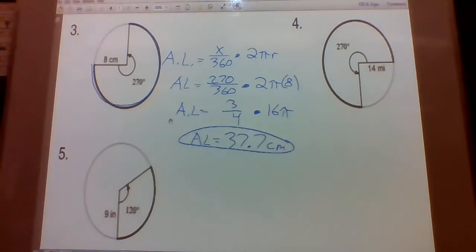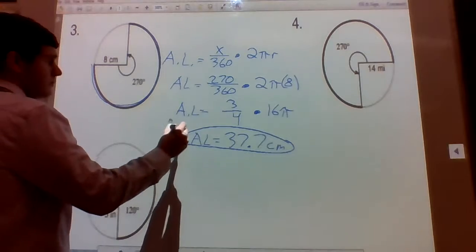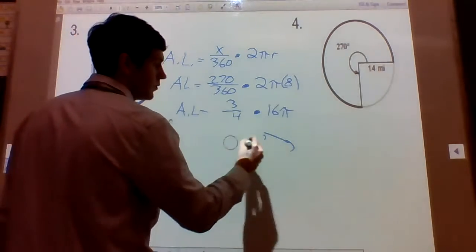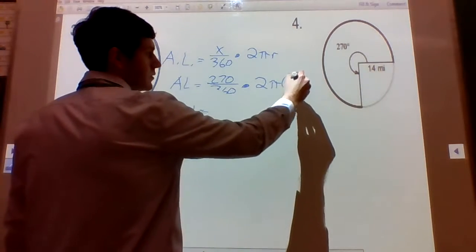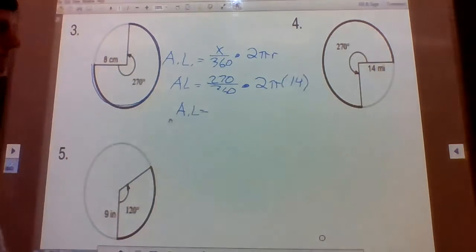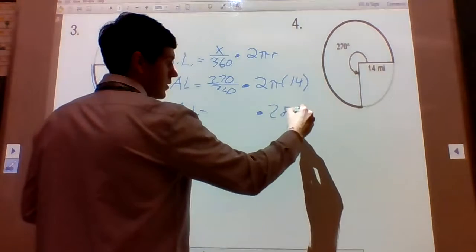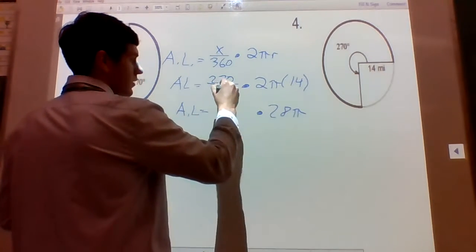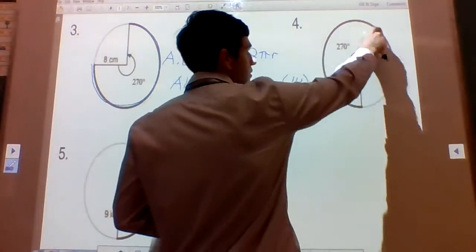Okay. The next one is very similar to this one. It's still 3/4 of the circle, but this time our radius is 14. So the length of the entire circumference is 28 pi. And again, we're only looking at 3/4 of the circle.